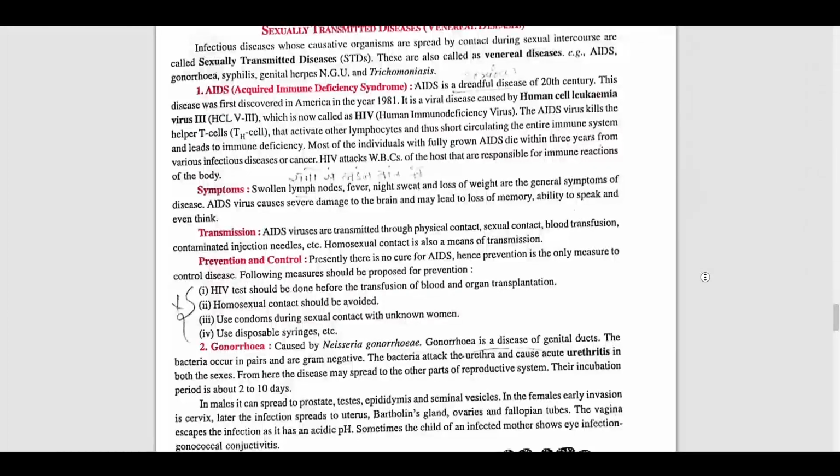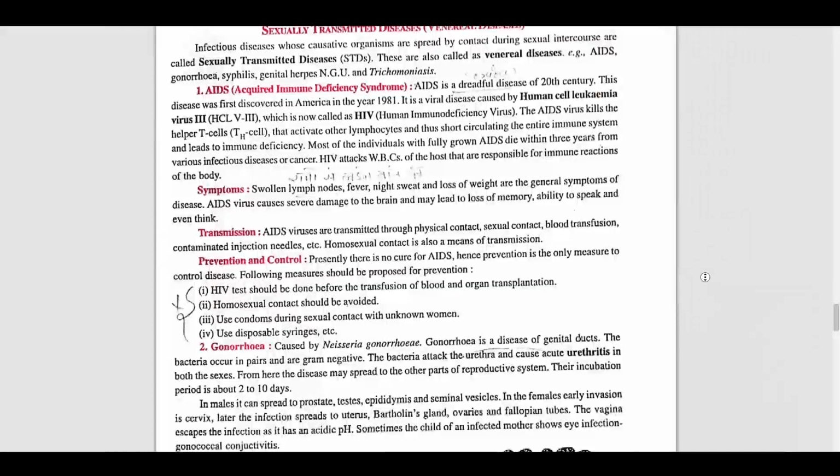We'll start with AIDS. The full form of AIDS is acquired immune deficiency syndrome. AIDS is a dreadful disease, meaning a very serious disease of the 20th century. It was first discovered in America in the year 1981. It is a viral disease caused by the human T-cell leukemia virus, which is now called HIV, human immunodeficiency virus.